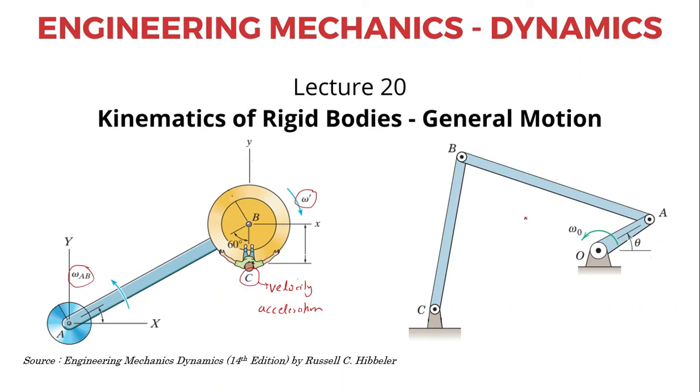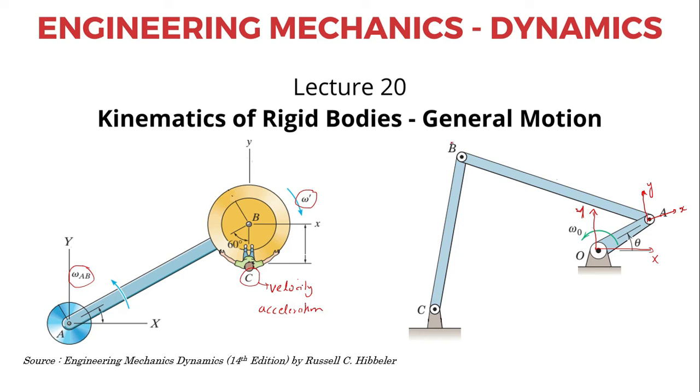Similarly on the right hand side, you can see a system of rigid bars that are connected by pin joints. Okay, primary reference frame capital XYZ fixed at point O. The moving reference frame small xyz can be attached to the point A. Now small xyz is undergoing an angular velocity omega 0 with respect to the fixed frame capital xyz.